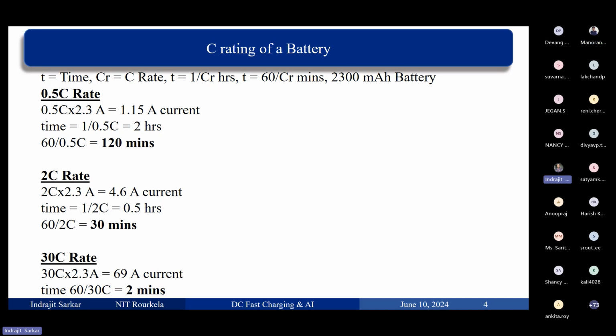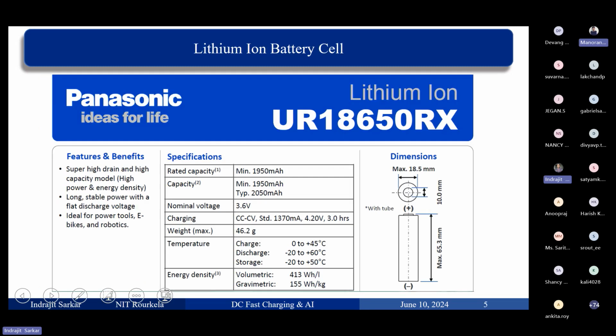So the time that the battery can supply is around 2 hours or 120 minutes. Similarly, if it is 2 C rate, then it is 30 minutes or 0.5 hours. If it is 30 C rate, it is 2 minutes or something like that. So this is how C rate affects the discharge time, and it also defines the current. Why we are talking about C rate, we'll understand in subsequent slides.